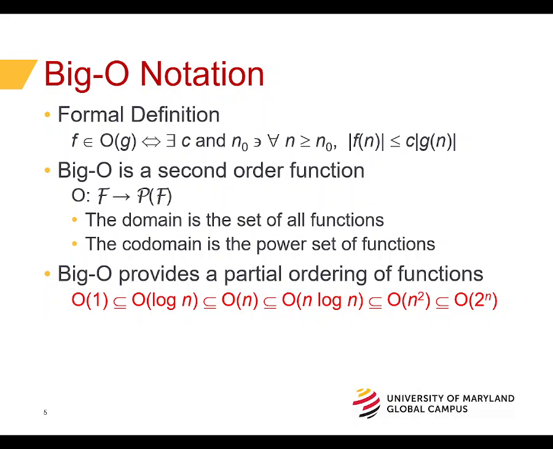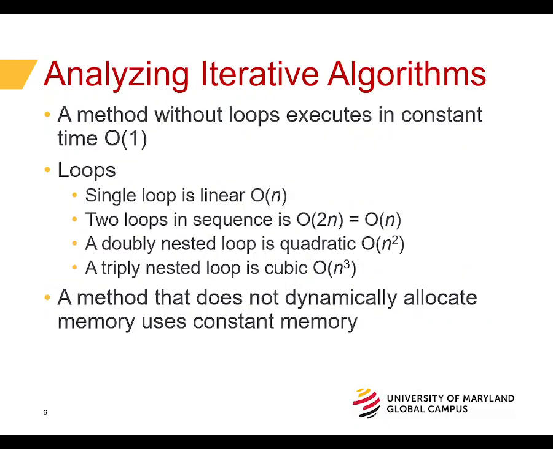O of n, linear, is next, followed by O of n log n, which we will see describes several sorting algorithms, followed by O of n squared, quadratic, and O of 2 to the n, exponential. Exponential behavior is the worst, and most exponential algorithms become unusable if n becomes very large.